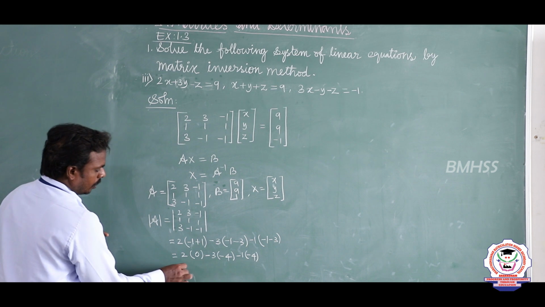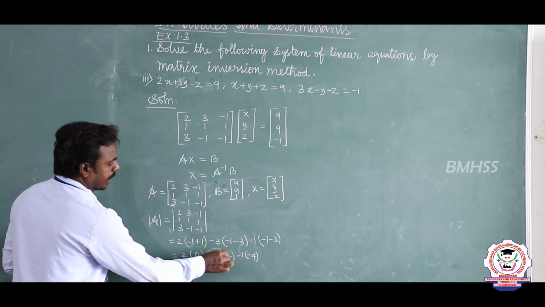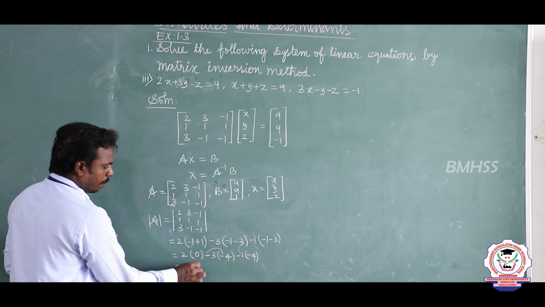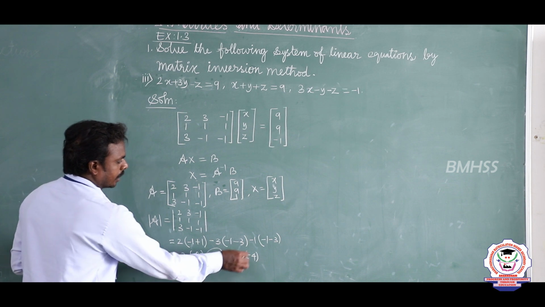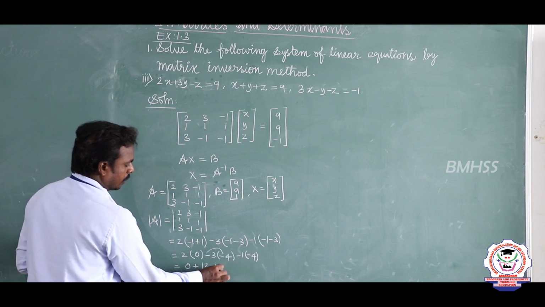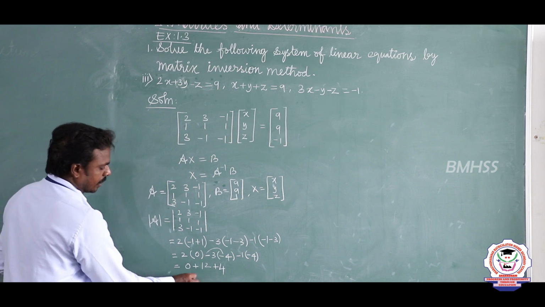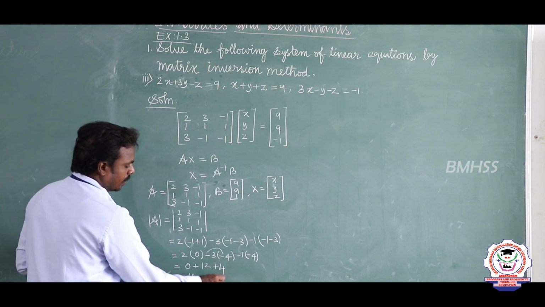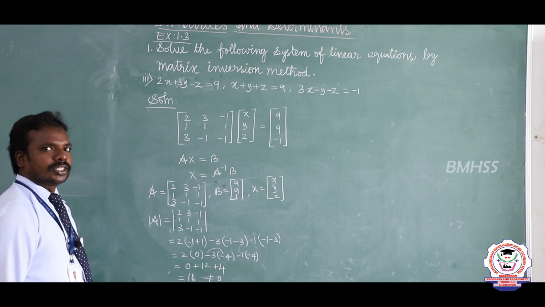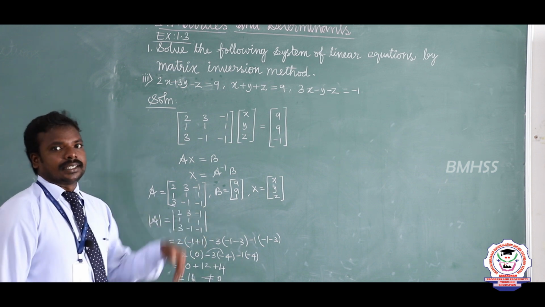Now 0, minus into minus is plus, 3 fours are plus 12 and plus 4. 12 plus 4 is what? That is 16. So this is not equal to 0. If it is not equal to 0, A inverse exists here.